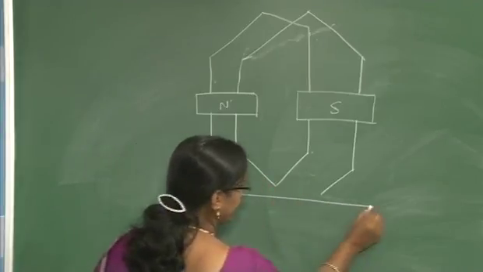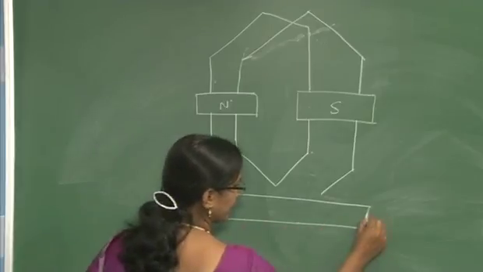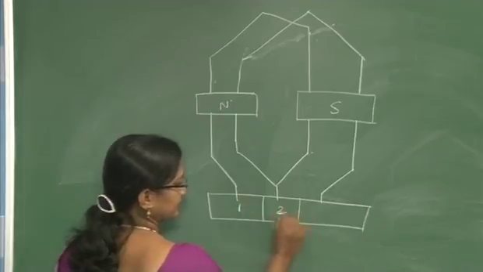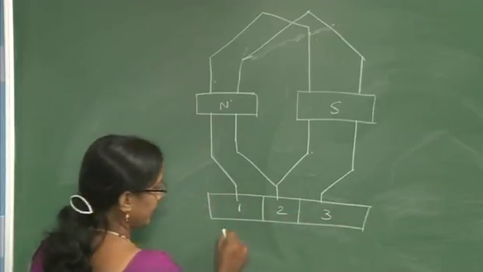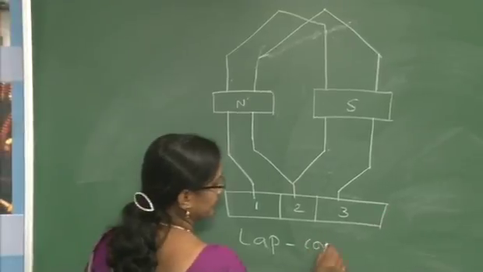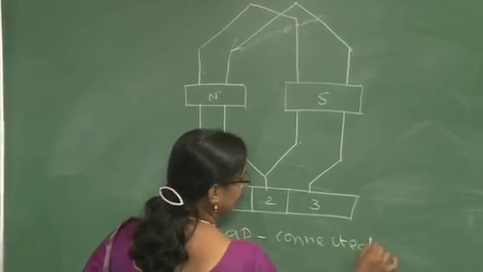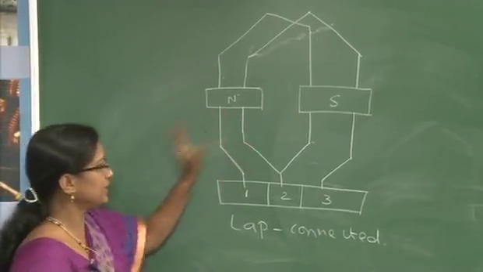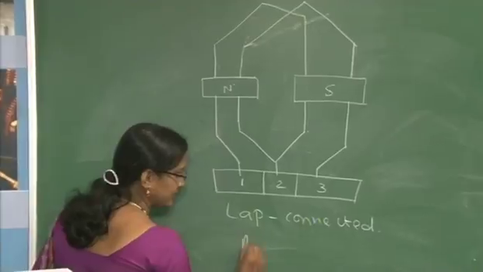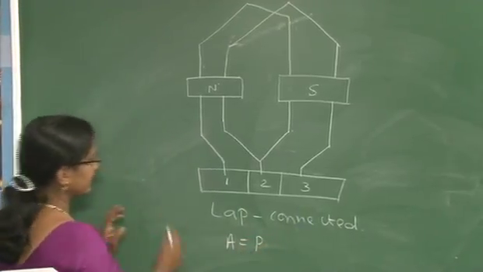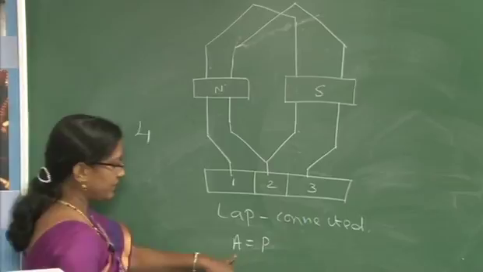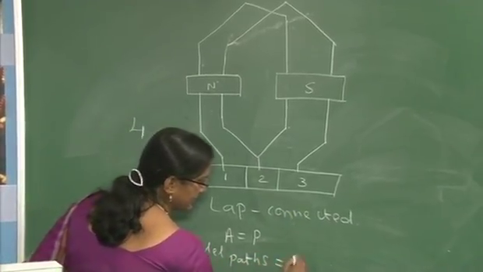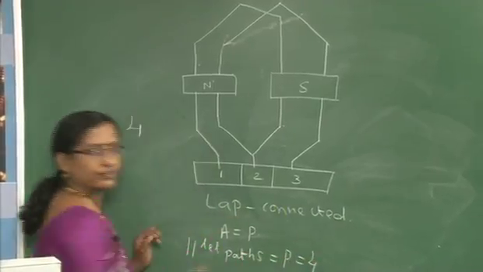And these are connected to commutator segments. This is called lap connected. In this type of connection, the lap winding connection, the number of parallel paths is equal to number of poles. Suppose you are considering a 4-pole machine, the number of parallel paths is equal to P, that is equal to 4.